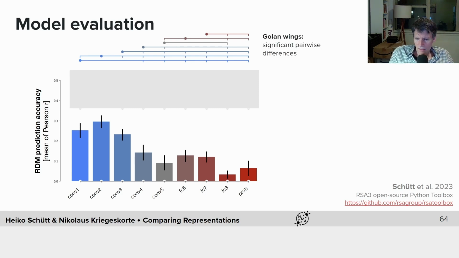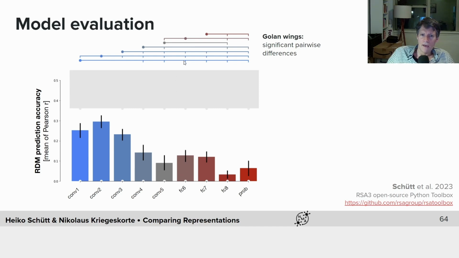Importantly, we get these indications here of significance. So at the top here, you see what we call Golan wings, which show the significant pairwise differences. So this is an exhaustive visual summary of all the possible pairwise model comparisons. And the way this works is you look at the dot here, that's the reference model.